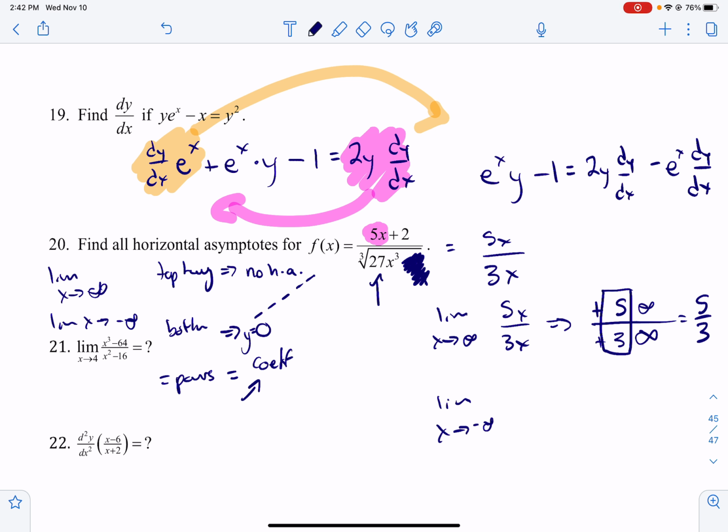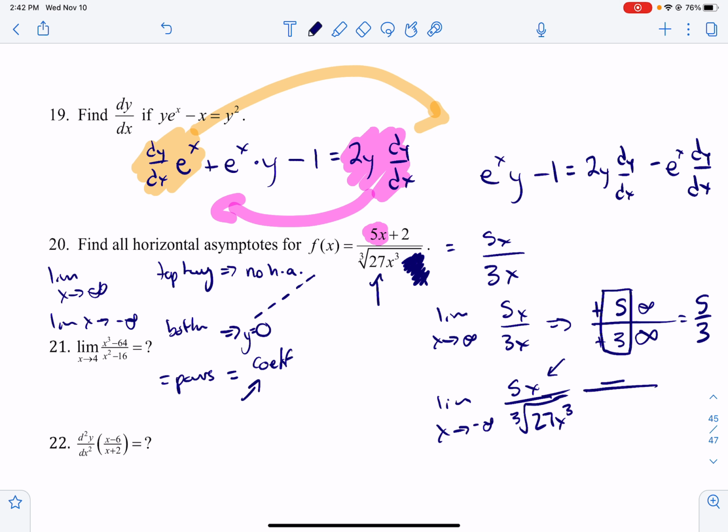my answer is going to change a little bit because I need to leave it cube root. I shouldn't have done that, simplifying, because that changes what happens with negative infinity. When I plug in negative infinity up on top, I go to a really, really big negative number, right? When I put negative infinity on the bottom, I cube it, which keeps it negative.